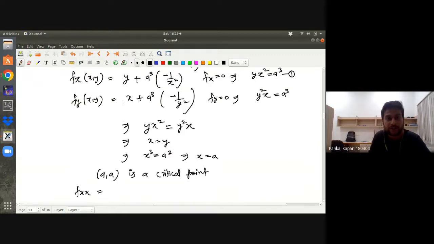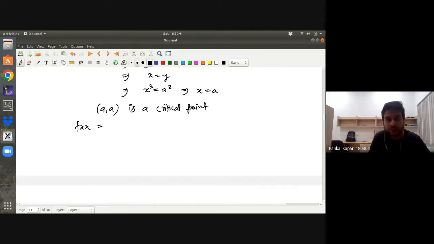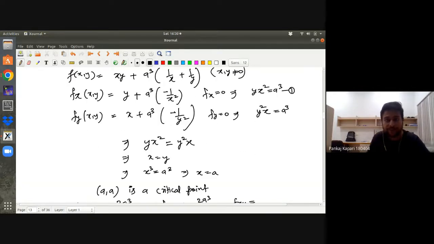We'll differentiate fx with respect to x. What we'll get is 2a cube divided by x cube. What is fyy? 2a cube divided by y cube. And what is our mixed partial, the derivative of fx with respect to y? It is equal to 1.